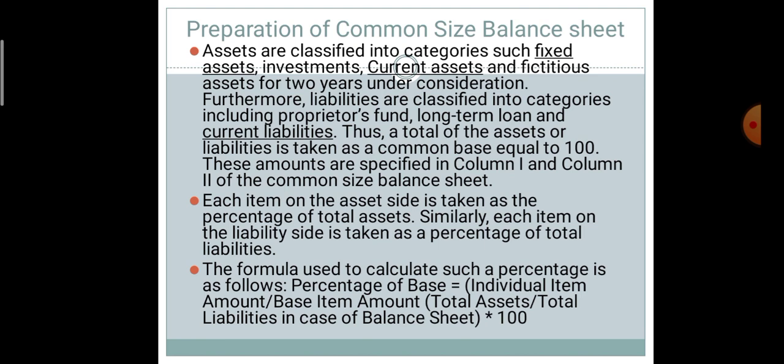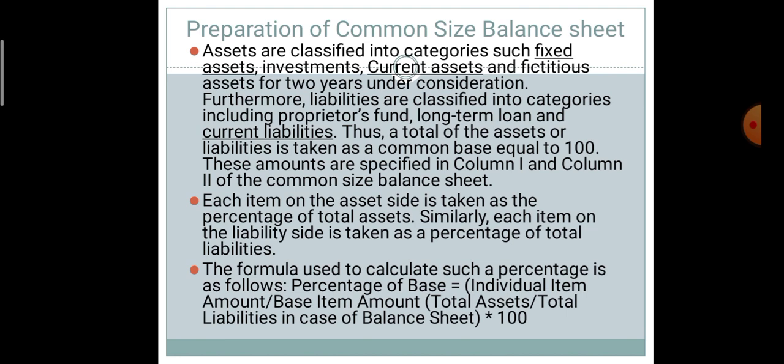Preparation of common size statements. In case of company statements, common size statements are prepared with the help of 5 columns. As here, in the common size balance sheet, assets are classified into categories such as fixed assets, investments, current assets and fictitious assets for the 2 years under consideration.